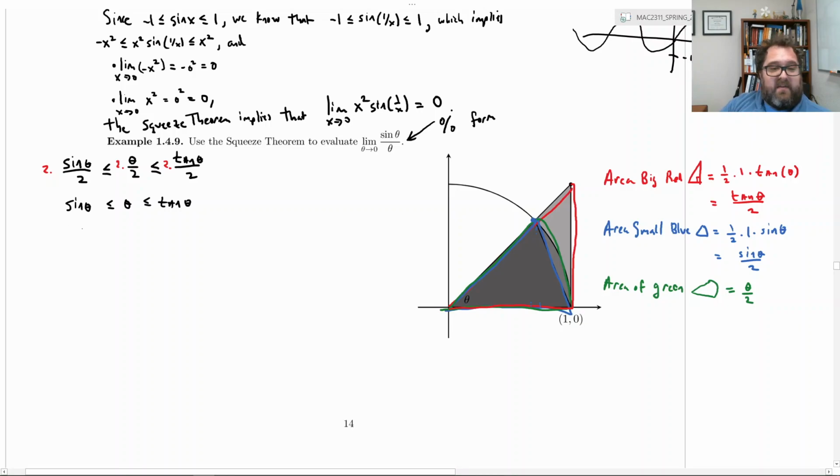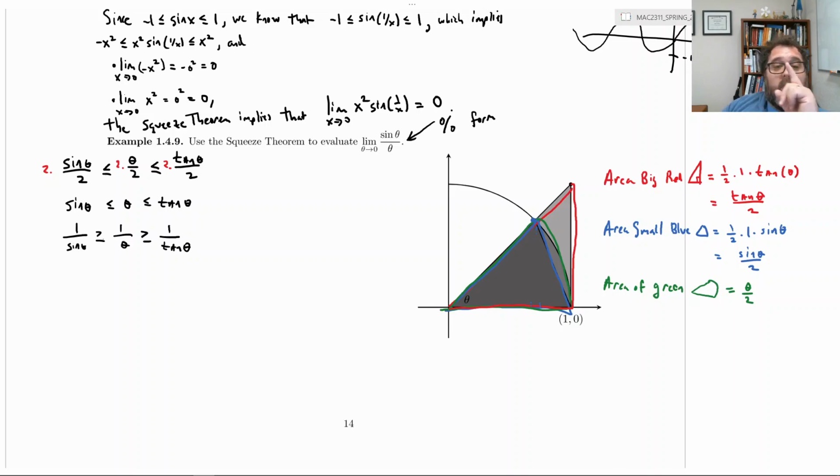In other words, I could write this as 1 over sine theta, 1 over theta, and 1 over tan theta. I can do that as long as I reverse the inequality signs. And do you see where I'm going with this? Now I have 1 over theta. What if I multiply everything by sine theta?